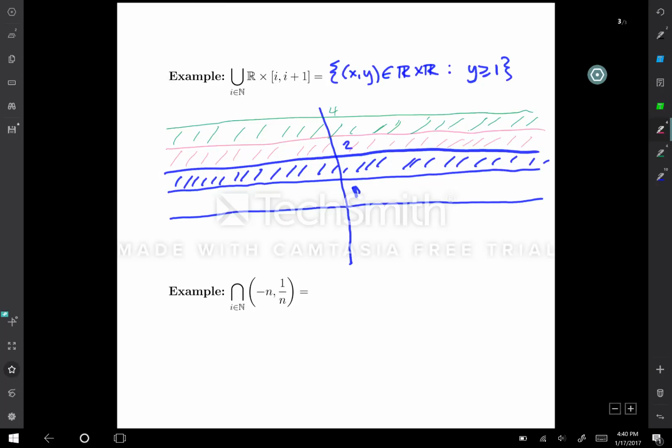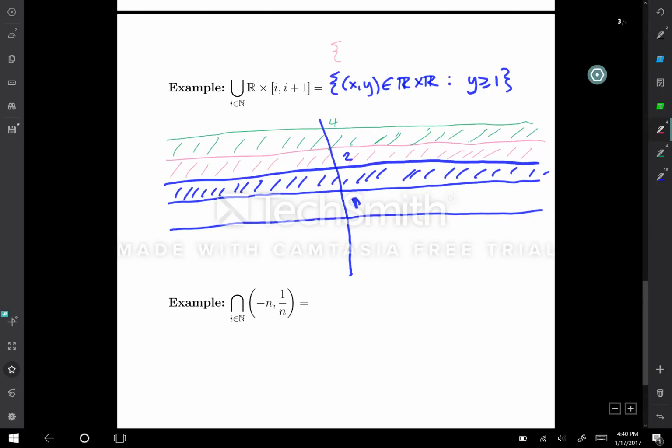Can you think of another way that we might write this? I've just given you another alternative. So that would certainly work.